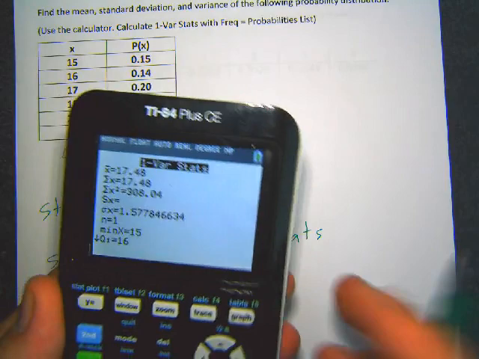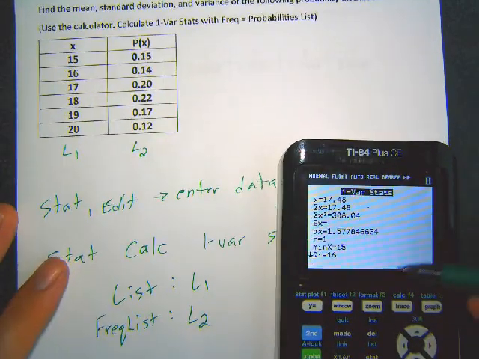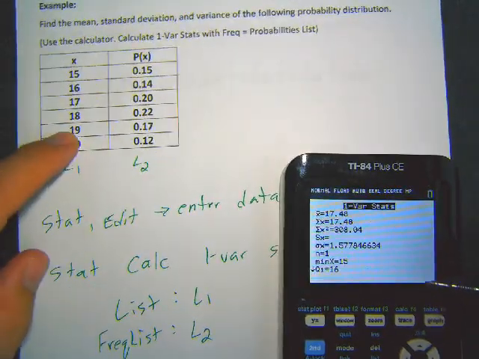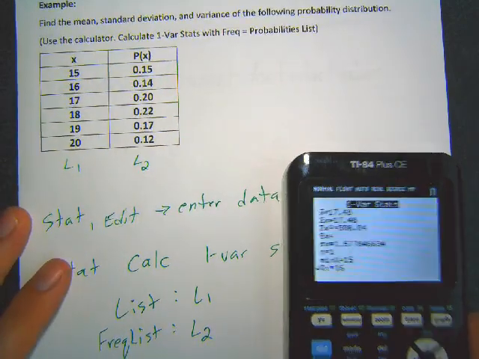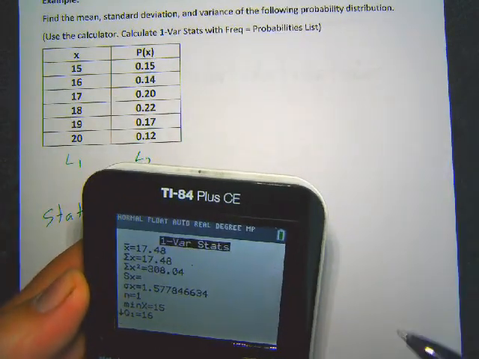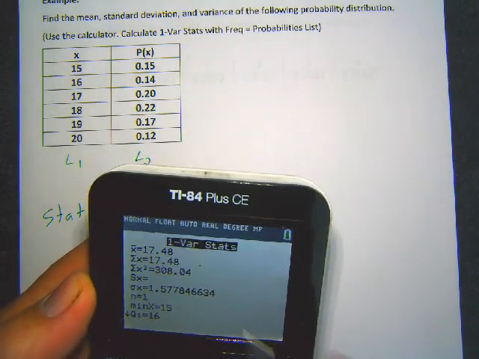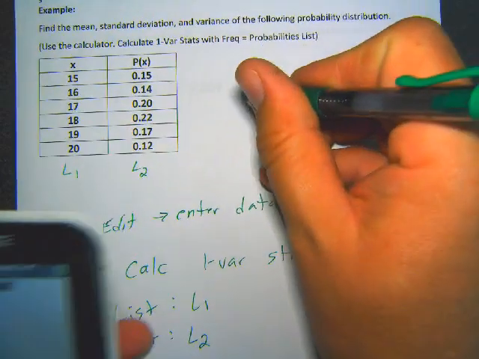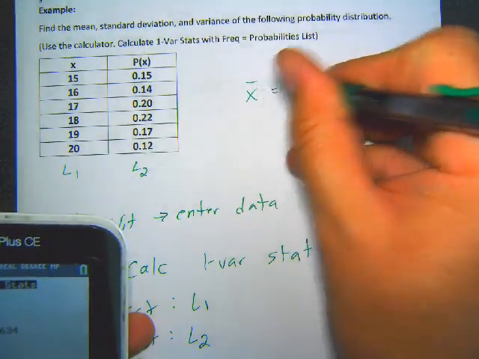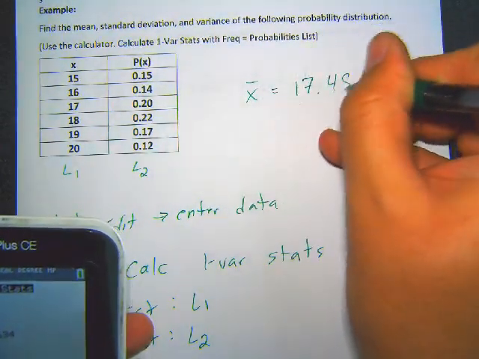Now these values, the means and so on, are not just the mean of these numbers, but the mean of these numbers using these probabilities, these percentages. So I can see that the mean, let's use x bar right there, is 17.48.